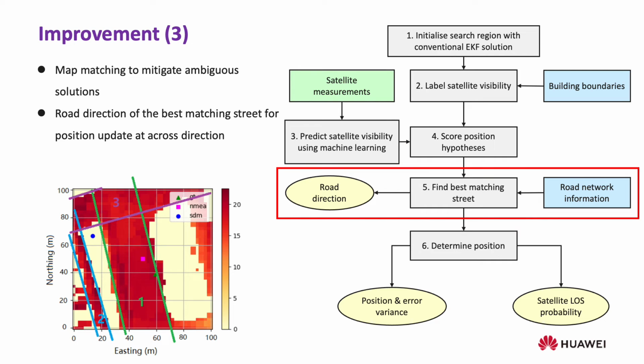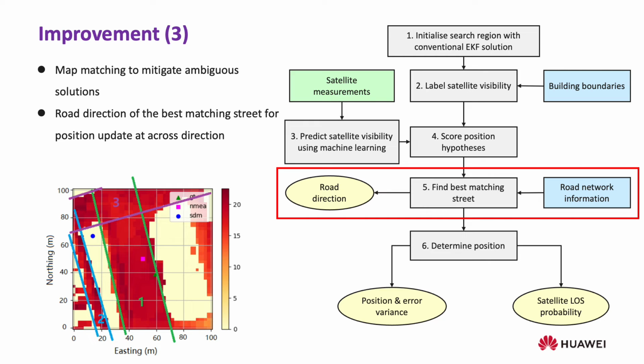The third improvement is to use the road network information. The road network information has been useful in this research in two aspects. The first one is to identify the best matching street from the candidate area to avoid ambiguous solutions.